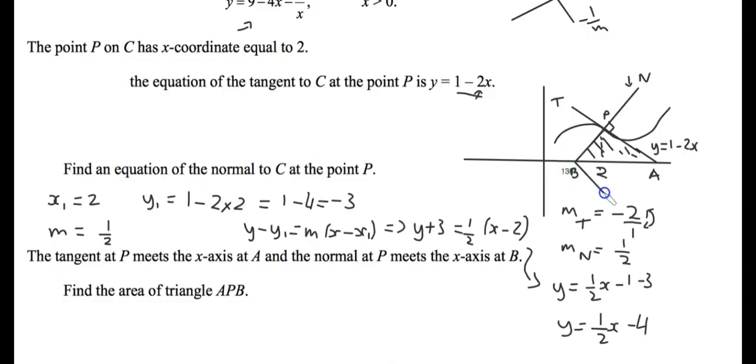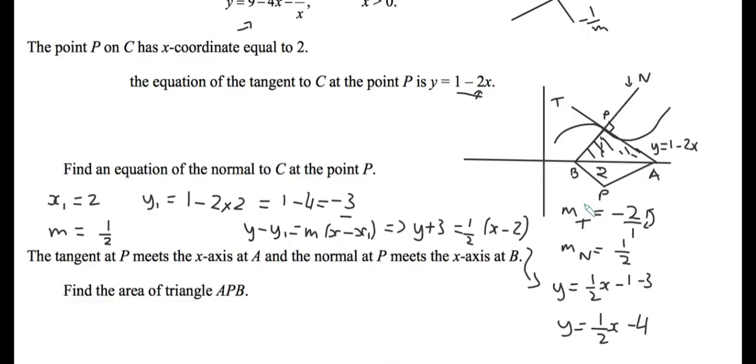You imagine, for example, the triangle was maybe looking like this. So here's our P down here, and this is the triangle. It doesn't matter too much. It actually probably is underneath, because if we look at the y coordinate of P, we found it was minus 3, so it should actually be underneath. But that's fine. A lot of the time with a sketch, unless they ask you for an accurate sketch and you get marks for it, it doesn't matter as long as it helps you to just get a feel for the question.